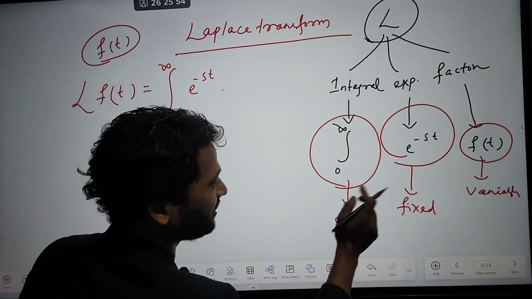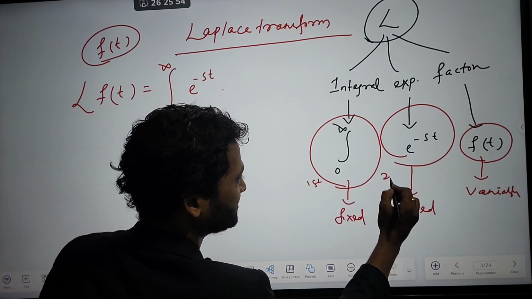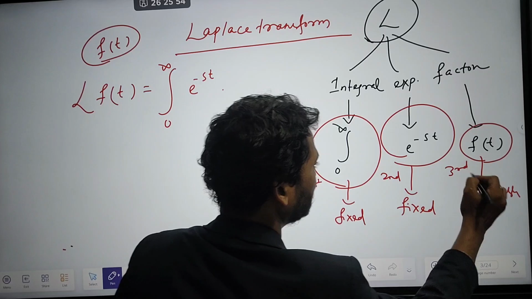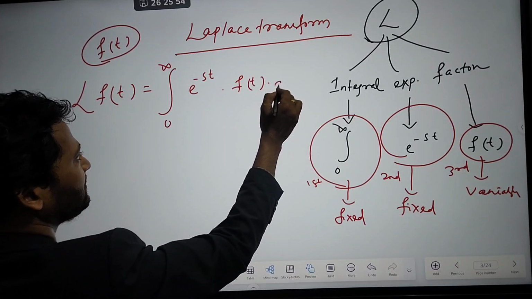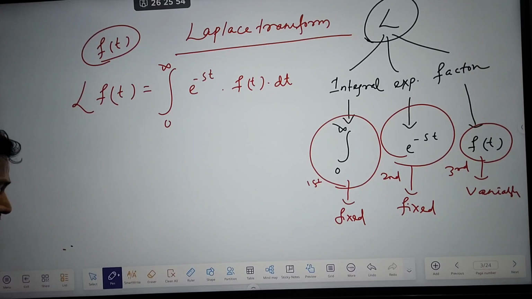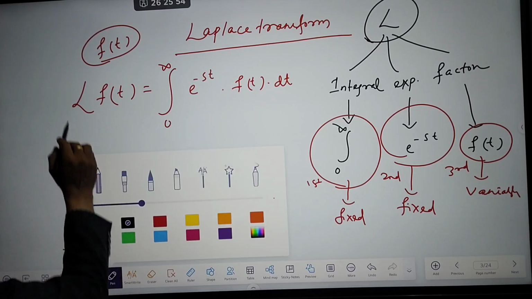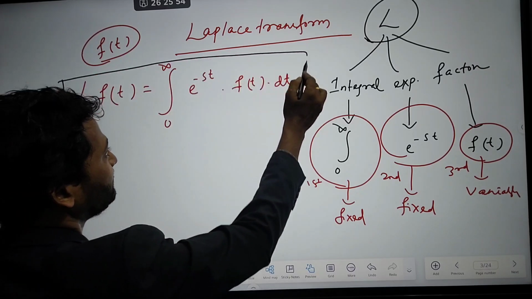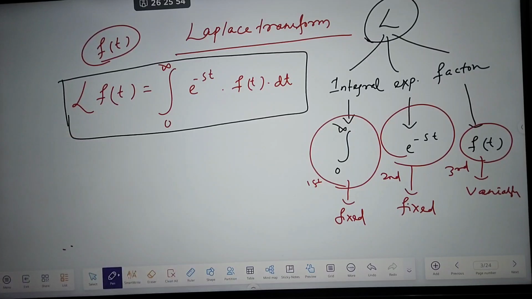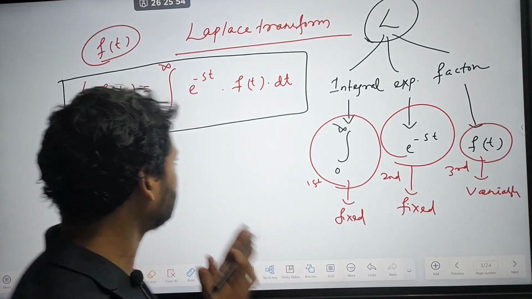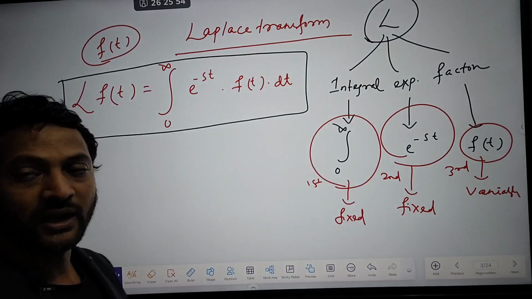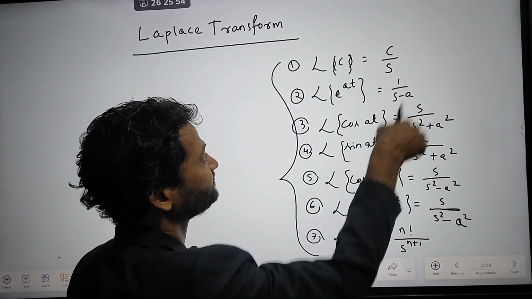So two terms are done. This is the first term, this is the second term and this is the third term. What is the third term? f of t, and since integration is there you have to multiply dt. This is your basic, or you can say the standard representation of Laplace transformation of a function. Okay, clear? So by using that standard format, we can derive these formulas.